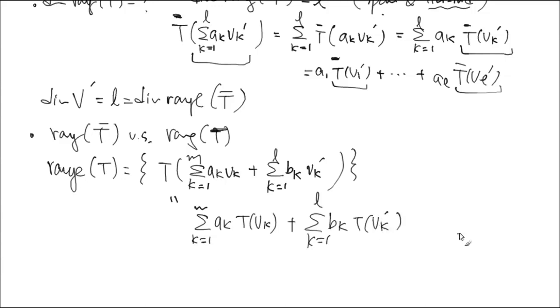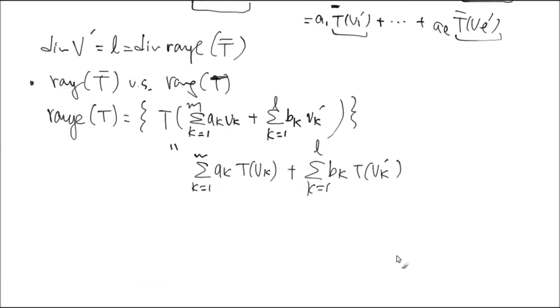All right. So our goal is to rearrange this one so that we show that everything in here is inside the range of T bar. So what do you think we should do in the next step to simplify this expression? They came from the null space, right?